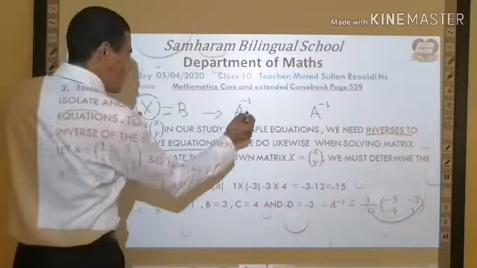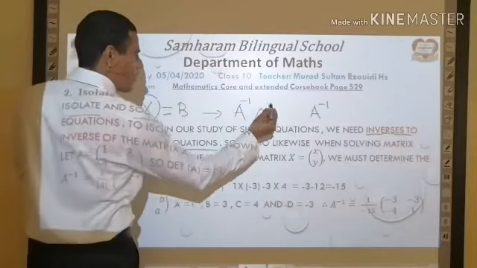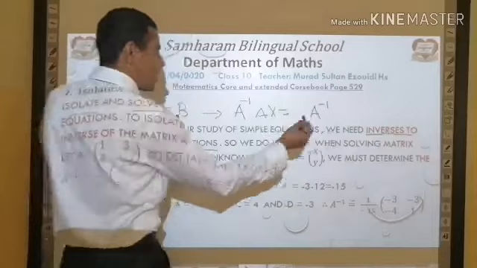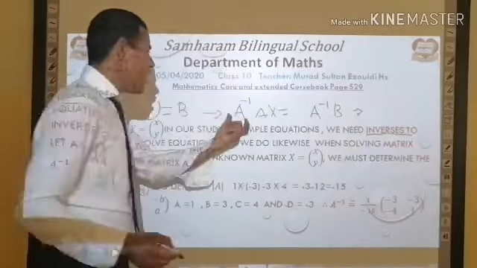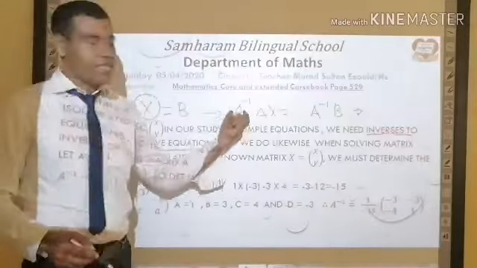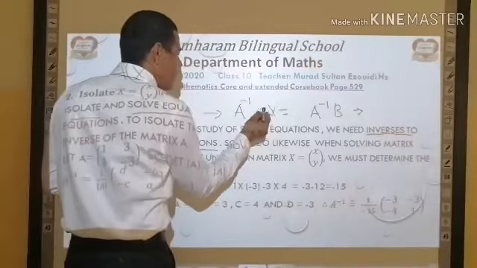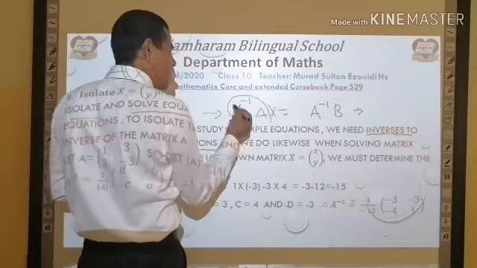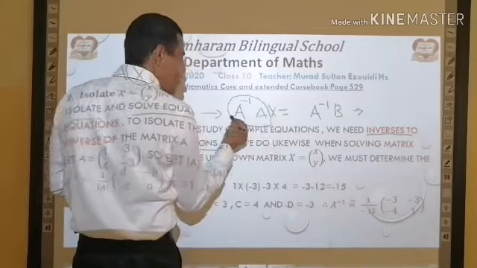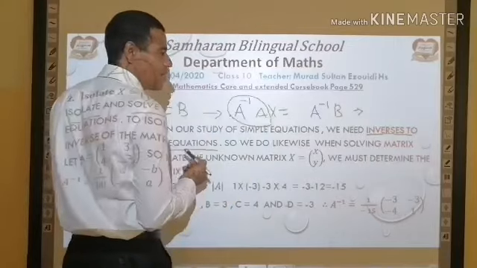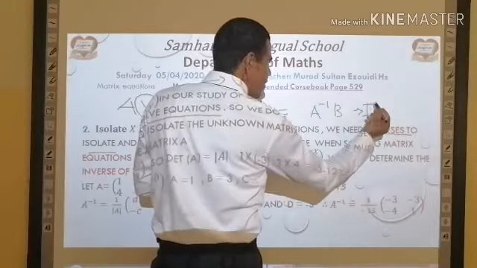Then A negative 1 multiplied by A multiplied by X equals A negative 1 multiplied by B. The inverse of matrix A multiplied by the matrix A is the unit matrix or identity matrix, so I will just write this as IX.